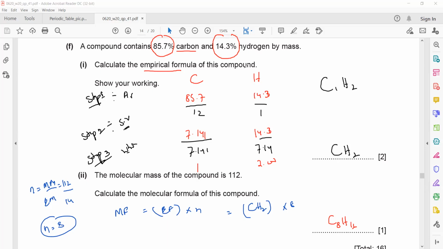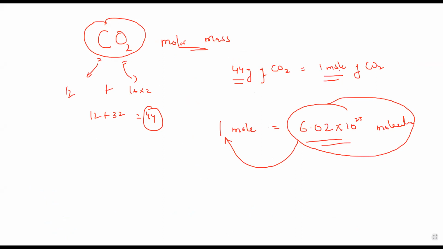The difference between mole and molecule, I just mentioned: when you have this many molecules together, like 6.02 into 10 to the power 23 molecules together, what do we call that? We call that 1 mole.